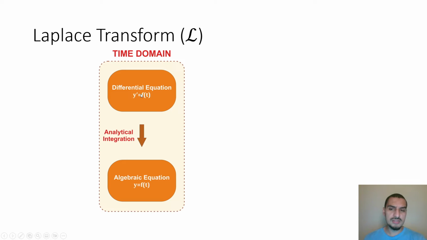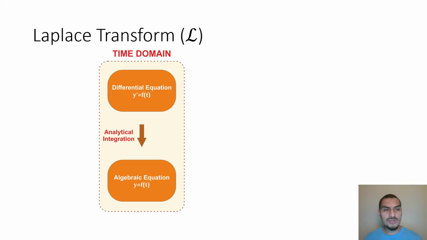It is a function of t. This function can be t squared, ln t, exponential, sine, cosine, whatever the shape. It's a function of t, where t is the independent variable and y is the dependent variable.